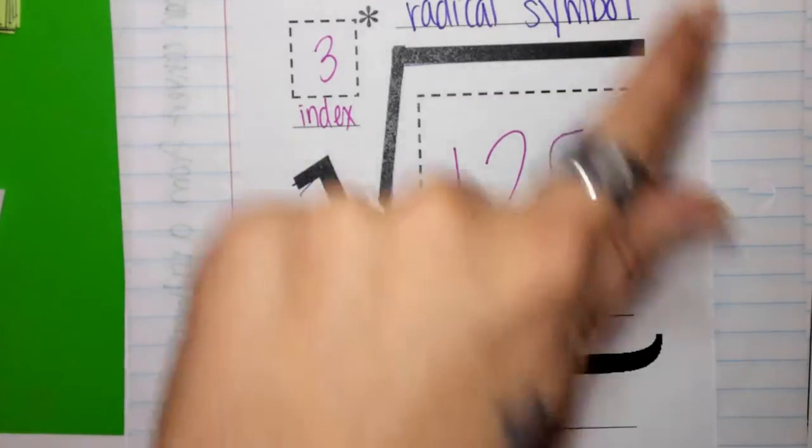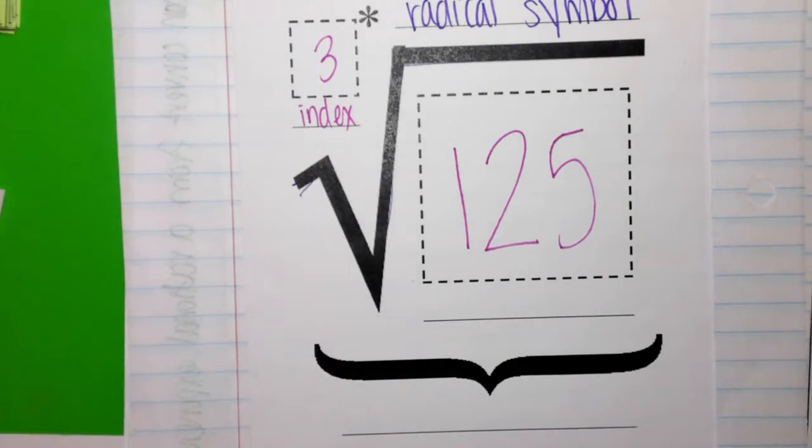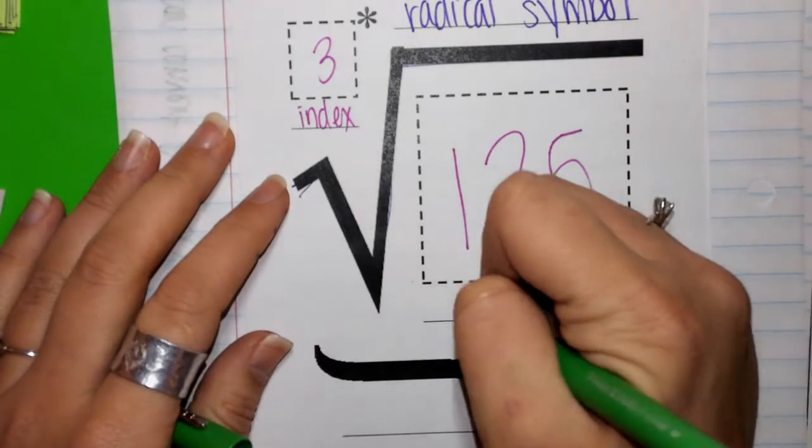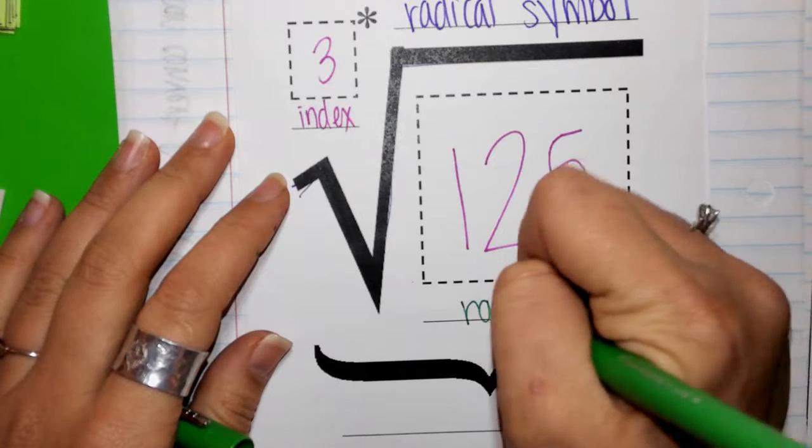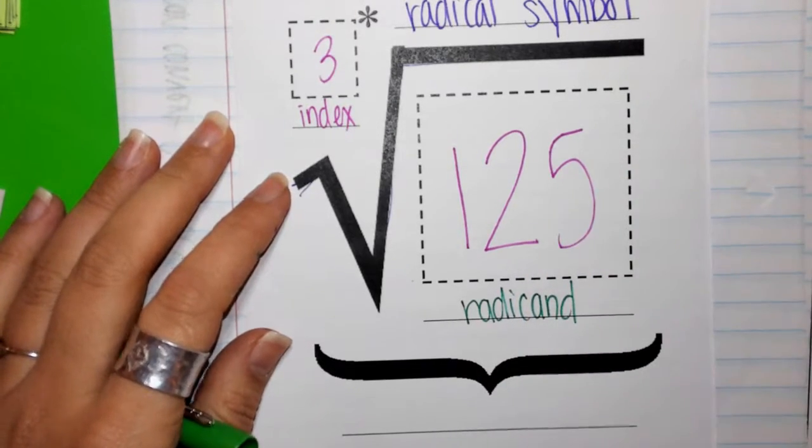This is the number under the symbol. Who thinks they know what it's called? It's a base. It is a base, but it starts with an R. Radical. Rational. Ratio. Radical base. It's called a radicand.